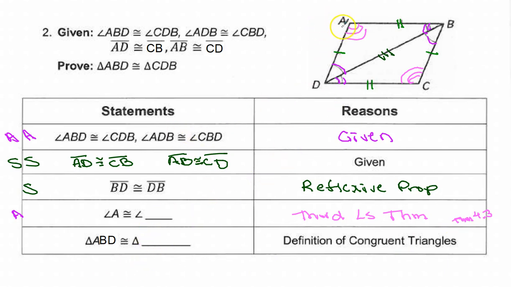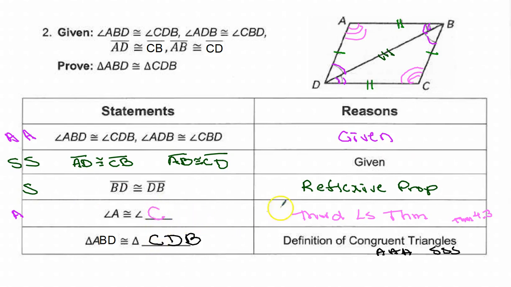Triangle ABD corresponds to triangle CDB, with D in this triangle corresponding to B in that triangle. So we have those 2 corresponding congruent triangles. By definition of congruent triangles, because I showed that we have 3 pairs of congruent angles and 3 pairs of congruent sides, all 6 corresponding congruent parts.